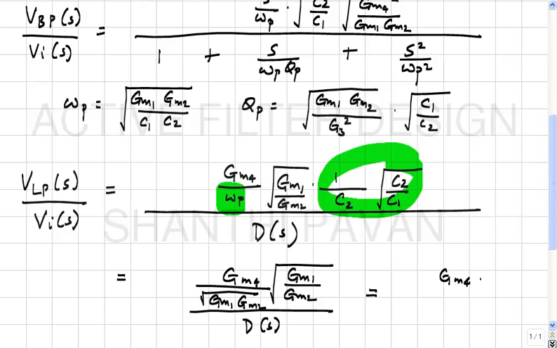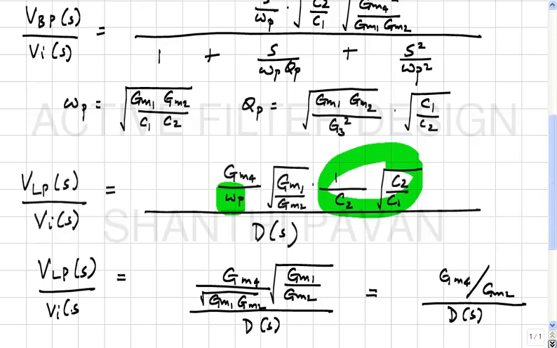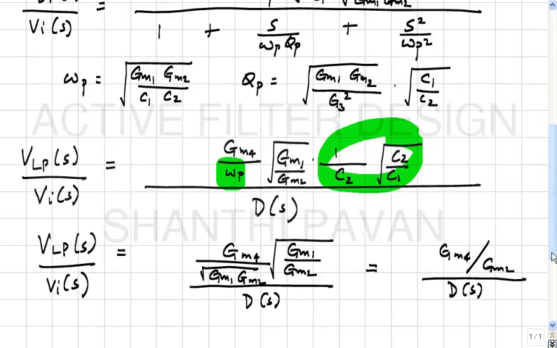GM4 by GM2 divided by d of s. Correct? This all comes out of the math.